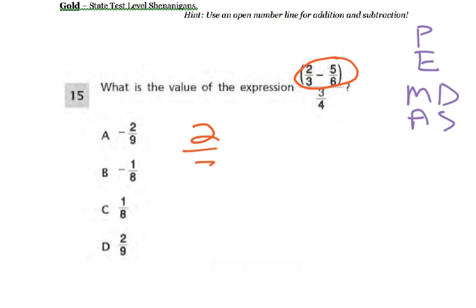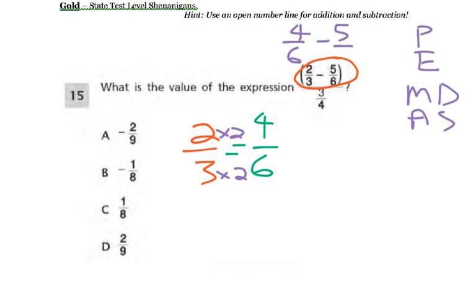Well, 2/3 is the same as 4/6 if you multiply by 2 over 2. That finds an equivalent fraction. So now I'm going to change this problem so that it says 4/6 minus 5/6.